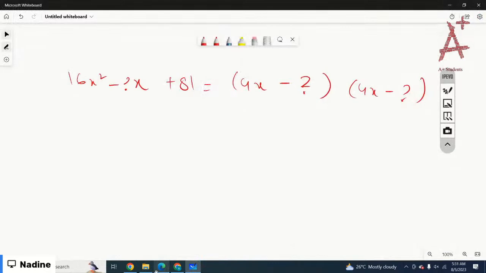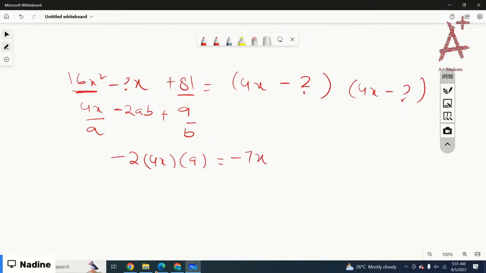Okay, you can see here you have 16x square, that is the perfect square of 4x, right? And this one is the perfect square of 9, right? That means here you have 2ab, right? So a is 4x and b is 9. So minus 2 times 4x times 9. 9 times 2 is 18, times 4 is 72.